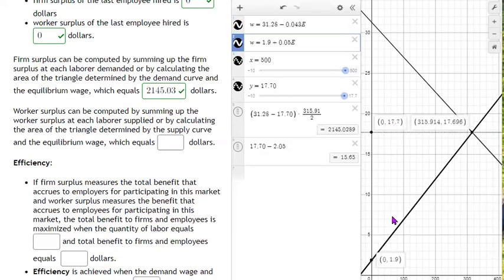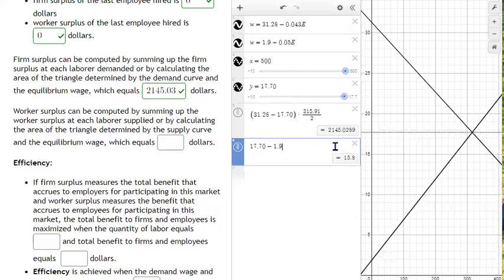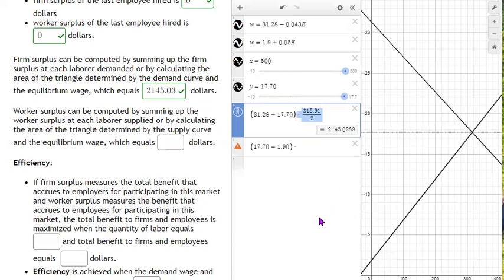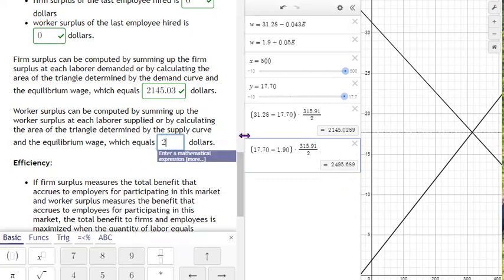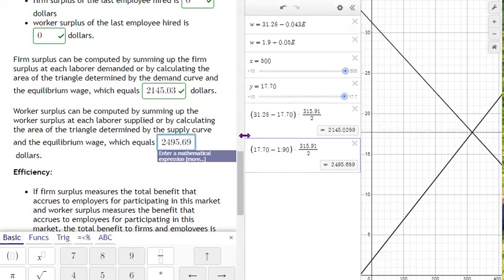So we have to subtract the intercept from 17.7. That's the height of that lower triangle. We're going to multiply it by 315.91, divided by 2. If we don't divide by 2, we get the area of a rectangle. We want the area of a triangle. A triangle is half a rectangle. So the worker surplus is $2,495.69.